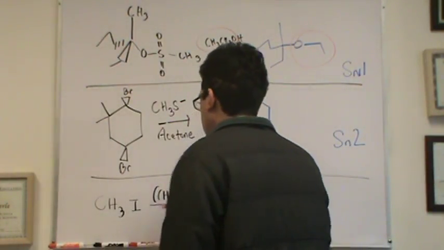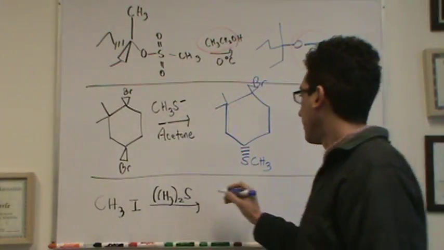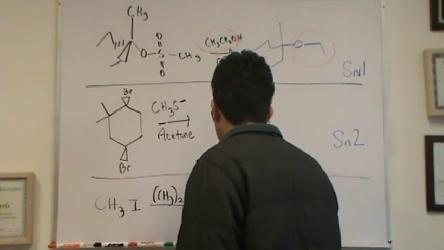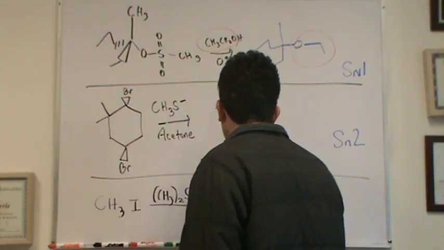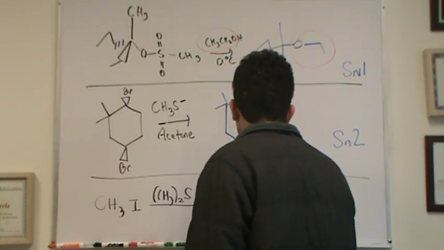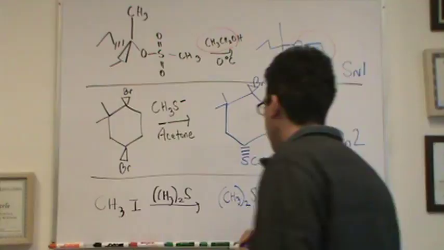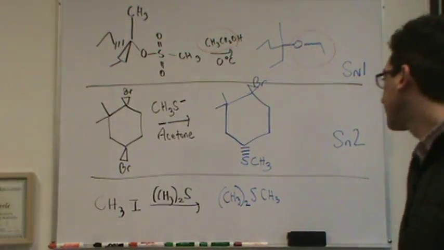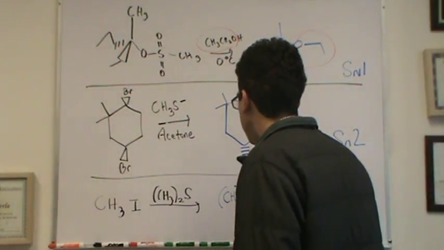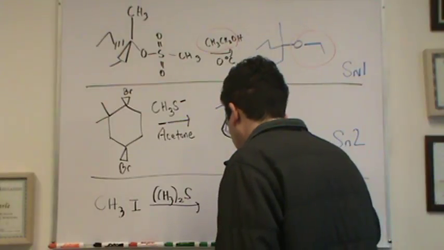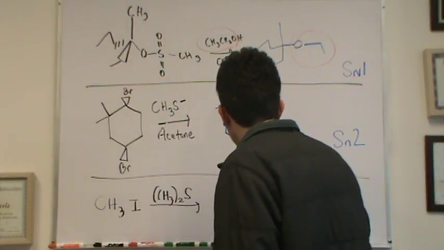So let me write it like this. We'll have the CH3 2S with another CH3 on it, like that, and so that'll cause this to have an extra positive charge.